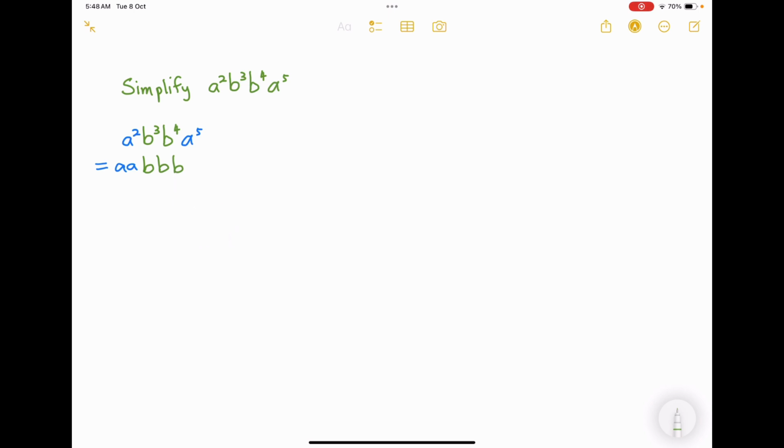The second B appears 4 times. A appears 5 times. Altogether, A appears 7 times. B appears 7 times.